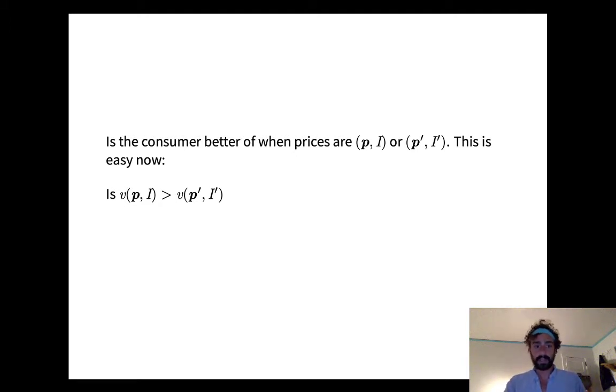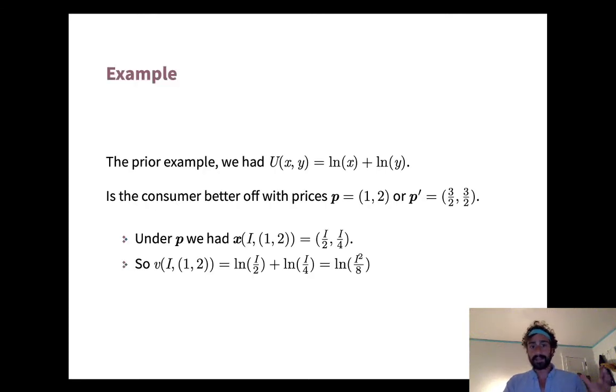So let's just work through a quick example. We had this utility function ln x plus ln y, and we had the prices P equal to (1, 2). So under (1, 2), when x costs 1 and y costs 2, remember that the Walrasian demand was I/2 units of x and I/4 units of y. And therefore, the indirect utility is, we just plug that back into the utility function.